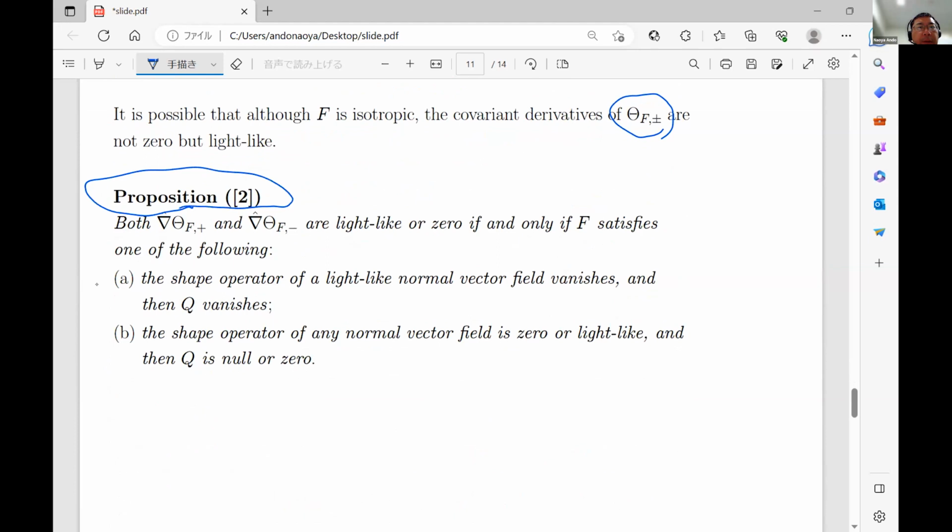Both the covariant derivatives of the two time-like twistor lifts are light-like or zero if and only if F satisfies one of the following.